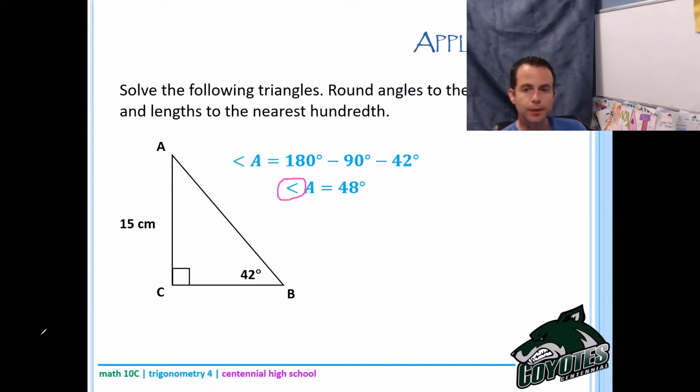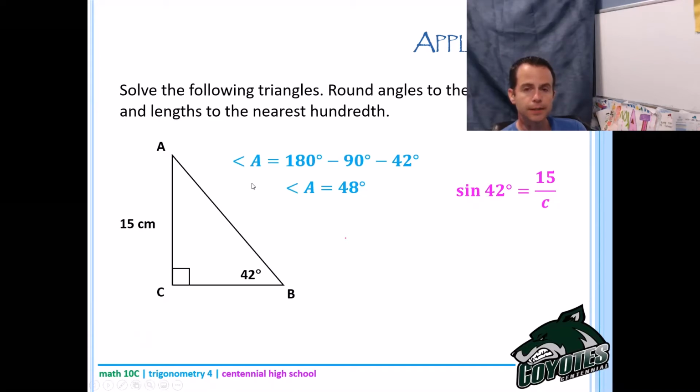The next one I'm going to do, we're going to head over to C and try to look for C. C is my hypotenuse here. If that's 42, my 15 is opposite and my hypotenuse is right here. So I'm looking for opposite over hypotenuse, and that needs the sine ratio.